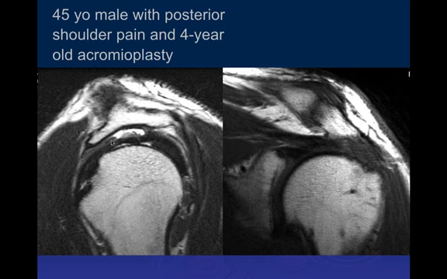And on the lateral view, there's a lot of lateral downsloping of the residual acromion with eburnation of the undersurface, and there is high grade tendinosis versus partial thickness tear of the supraspinatus insertional fibers.